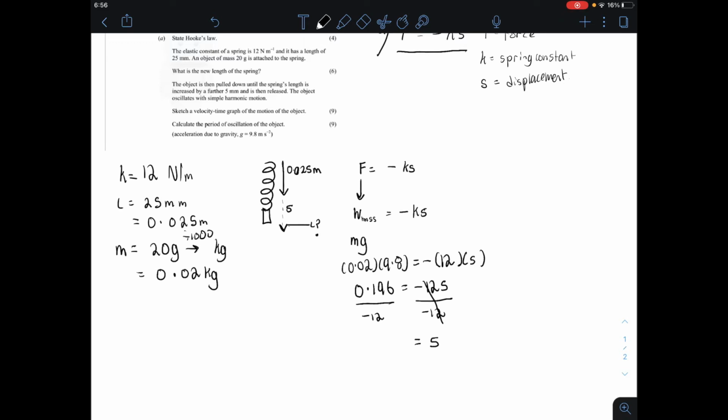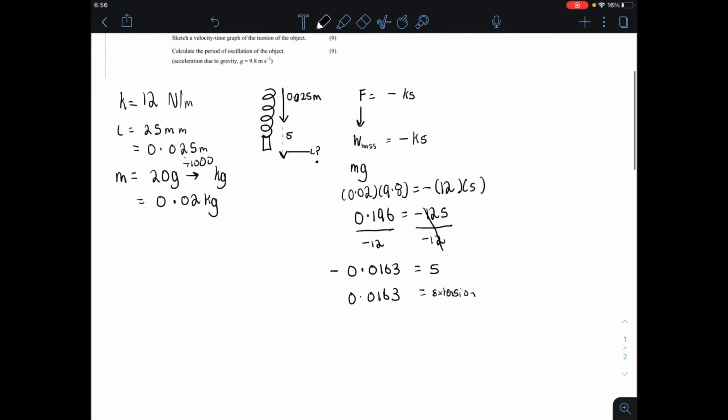Dividing our value by minus 12 gives us a displacement of 0.0163. This displacement is our extension. We're asked in the question for the new length of the spring. The new length is equal to the original length plus the extension.